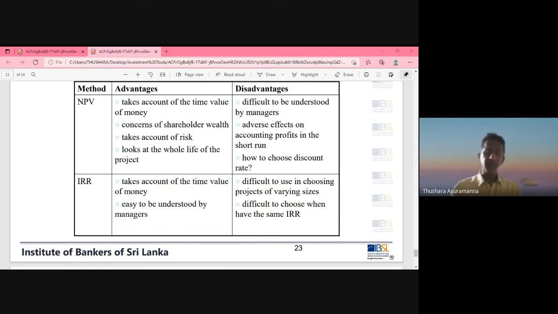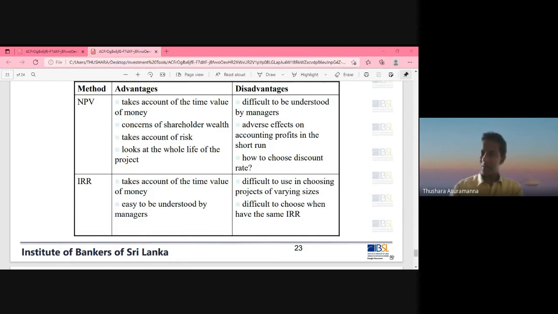Sometimes you experience that there are 2 IRRs in a single project, because depending on the cash flows, timing, and values, there is a chance of the NPV going positive, to 0, to negative, again crossing 0 and going positive. Could happen.